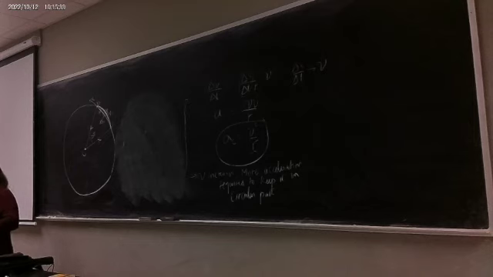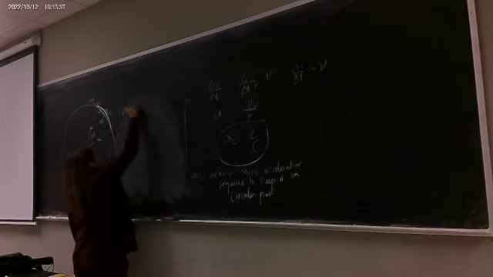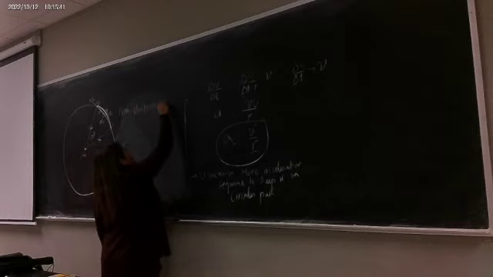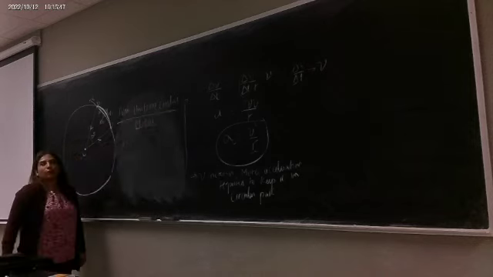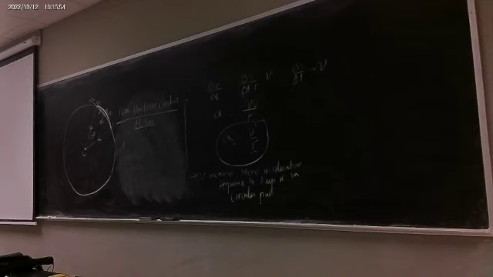Uniform circular motion. If the speed changes, then it is non-uniform circular motion. Initially, for centripetal acceleration, speed does not change. It's a uniform circular motion.